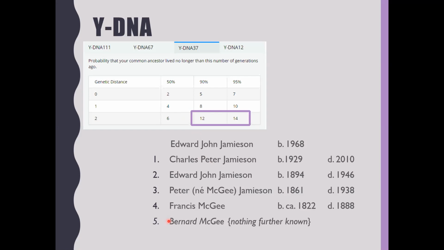Now, if this were like my mother's line with the records in New England going back to the 1600s, I might well be able to prove something with this. But because it's my dad's Irish line, the records pretty much peter out at this point. So Y-DNA is really helpful for some things, but it's still limited in what it can do.